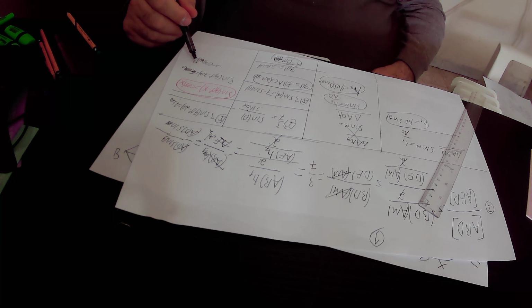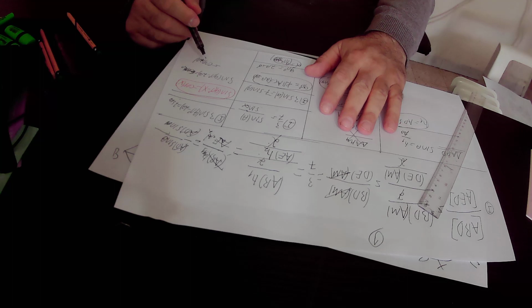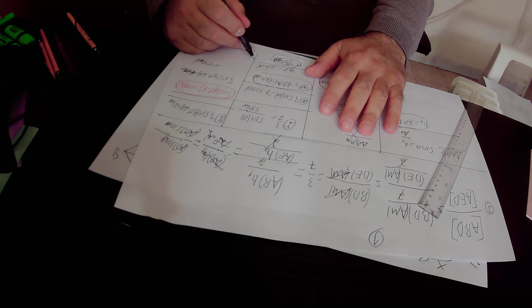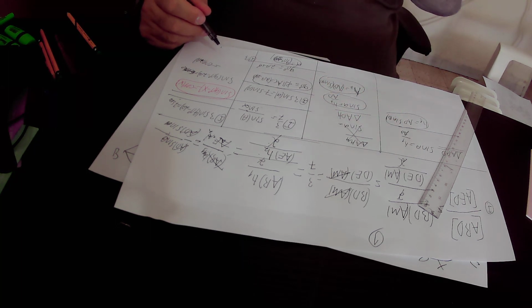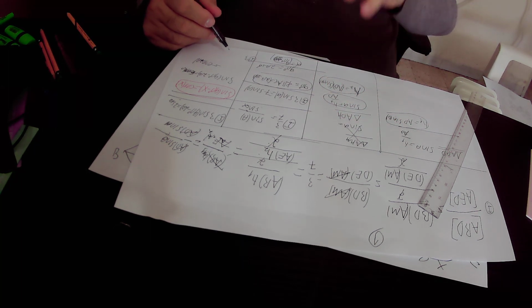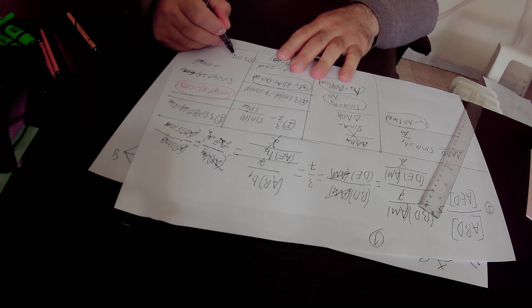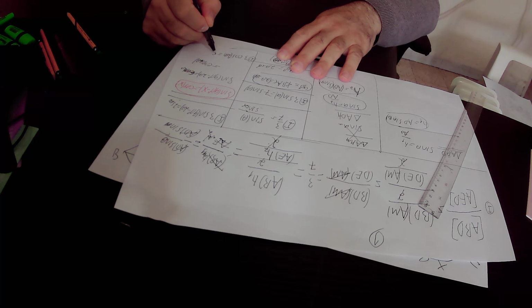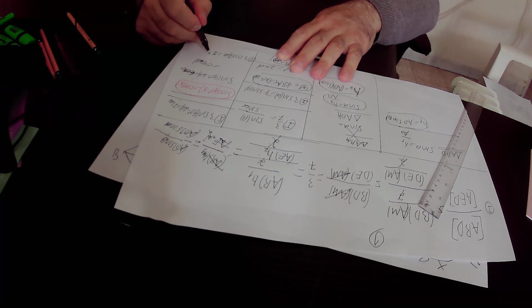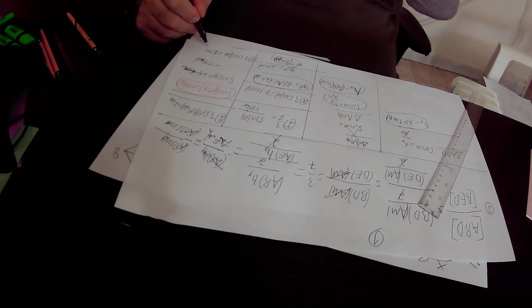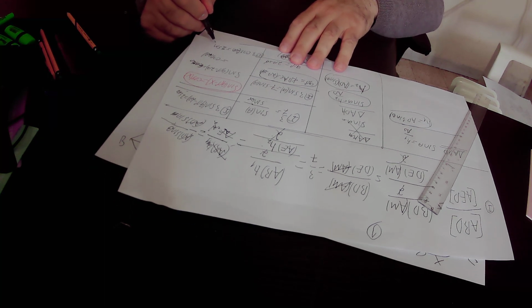We'll do it and we'll get that 3 times sin(90 degrees minus 2 theta), which equals cosine 2 theta, so 3 times cosine 2 theta equals 2 times sin theta.